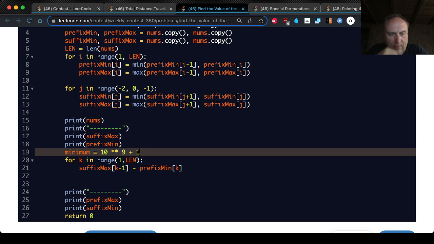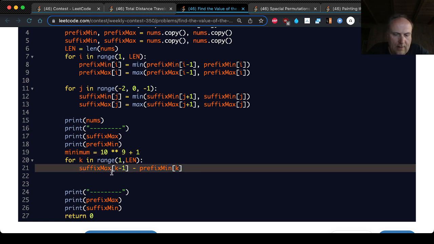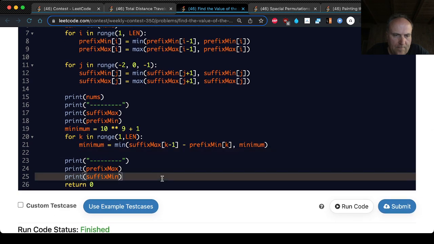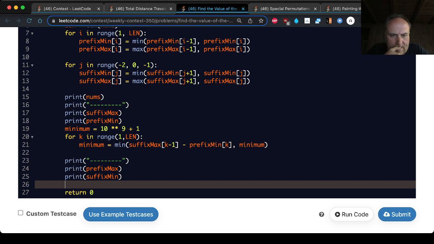Okay, so that's my minimum. And it's going to be min, and it's going to be minimum. No, suffix max. No. I mean, I don't know.